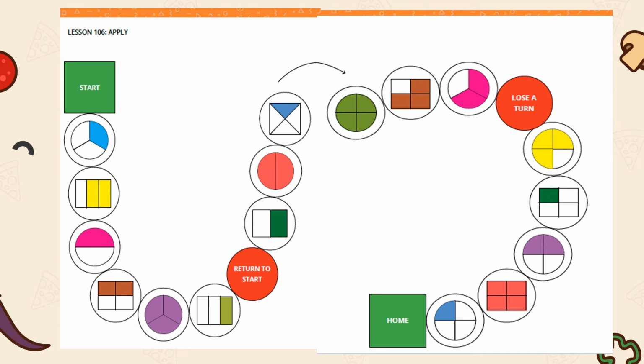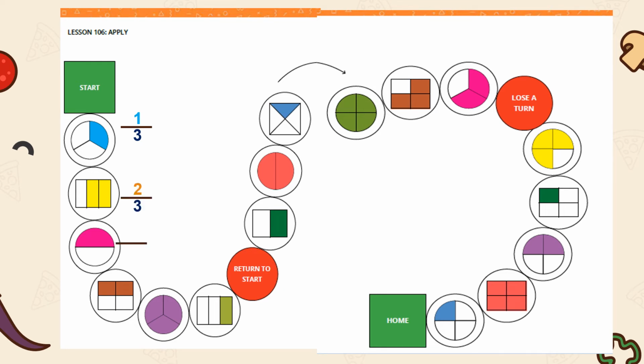Now we have a game where we want to reach the home. So the first circle here, one colored part over the total parts, which is 3. So the fraction is 1/3. Next, we have 2 colored parts over the total parts, 3. So the fraction will be 2/3.